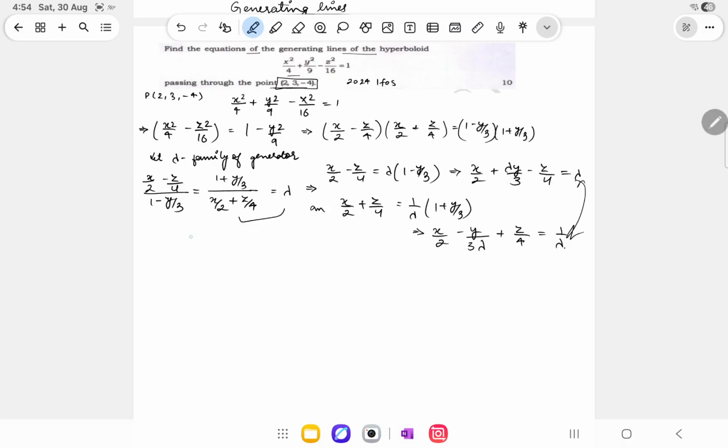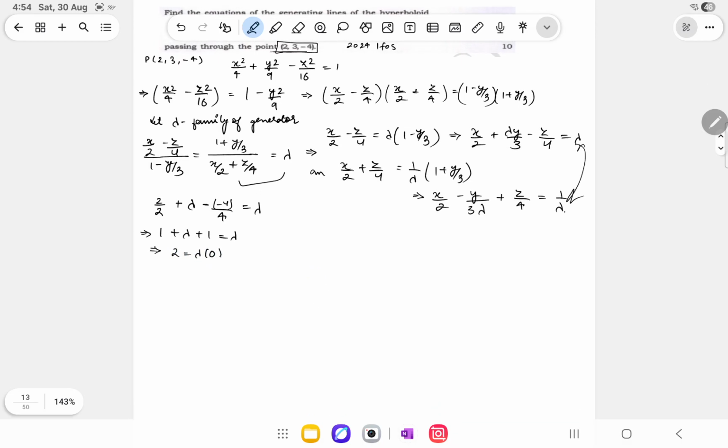In the first equation of plane, I'll get 2/2 + lambda - 4/4 = lambda, which gives me 1 + lambda - 1 = lambda... From here I got 2 = lambda into 0, which doesn't hold for any finite value of lambda. It holds only when lambda is infinity, or I can say 1/lambda approaches 0. That's the only conclusion I can draw from here.